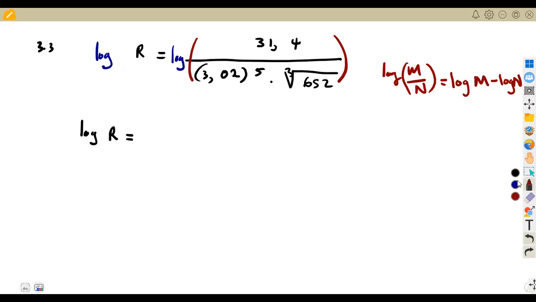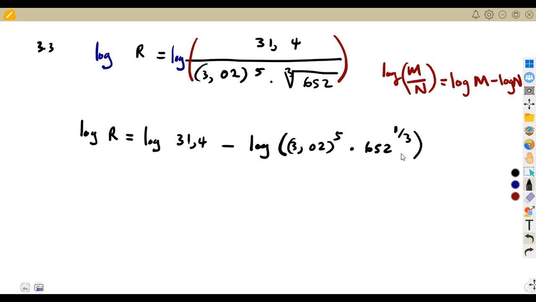So it is the same thing that we are seeing: in order for us to divide, it was only because we had the logarithm of 31,4 minus the logarithm of what we have here, which is 3.02 to the exponent of 5 times the cube root of 652, which is same as 652 to the exponent of a third. Remember, we talked about this issue of the cube root, square root, and so forth.